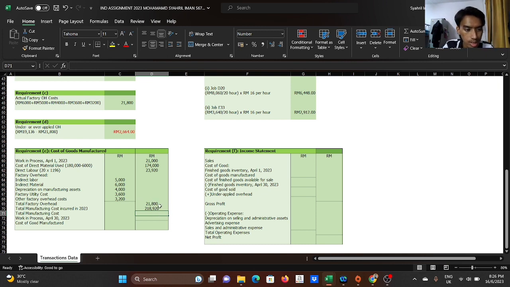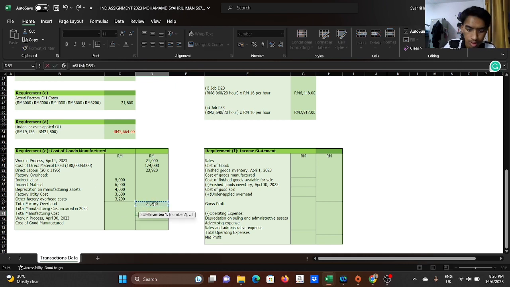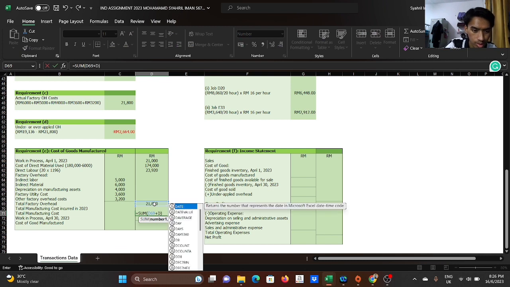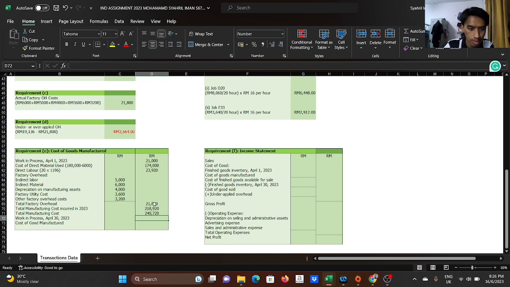And we sum these 3 into total manufacturing cost. And we get the total manufacturing cost. Lastly, we put the work in process.